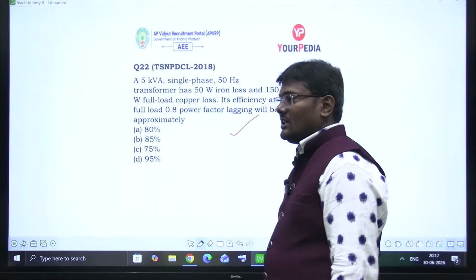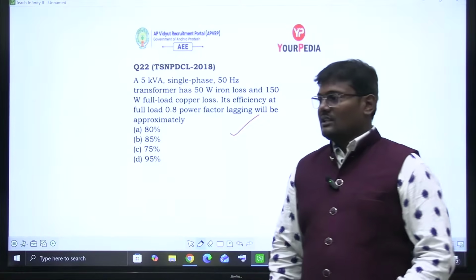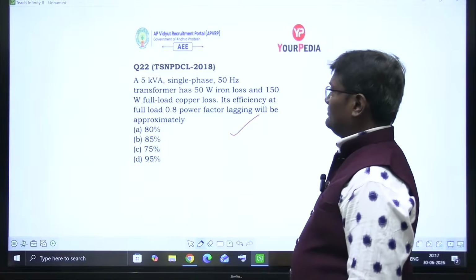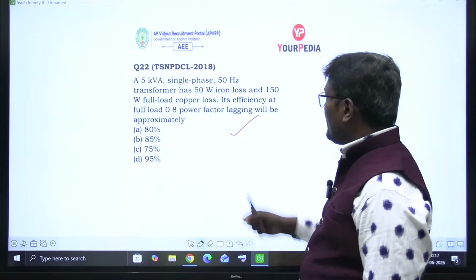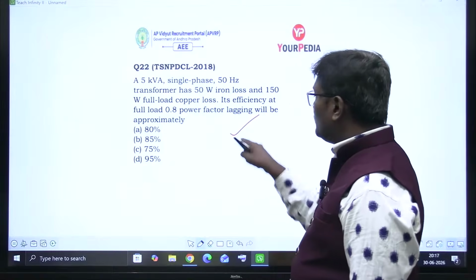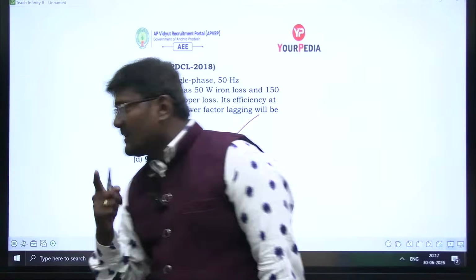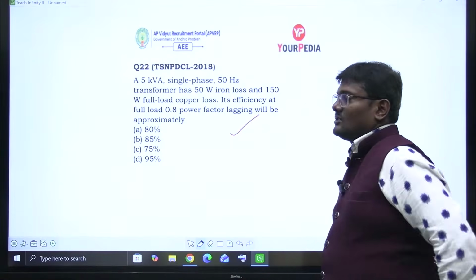Directly you can select the answer without solving also. Next it is asking the efficiency at full load, 0.8 power factor. Solve it.